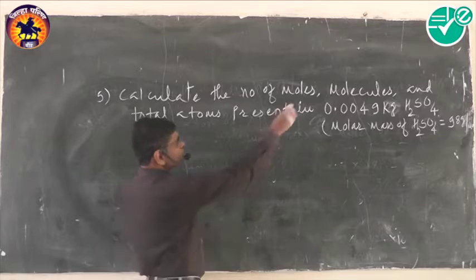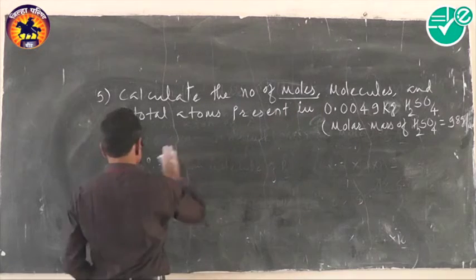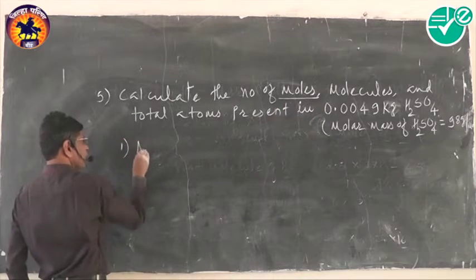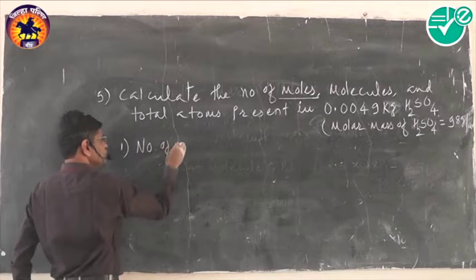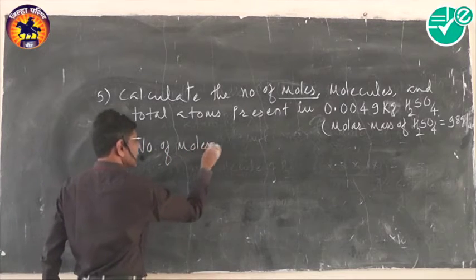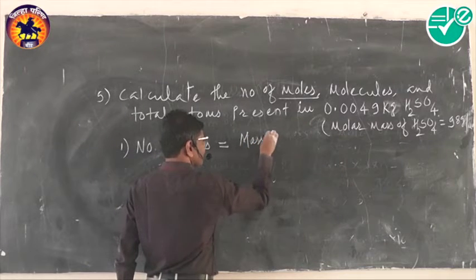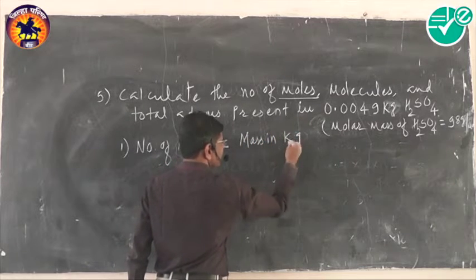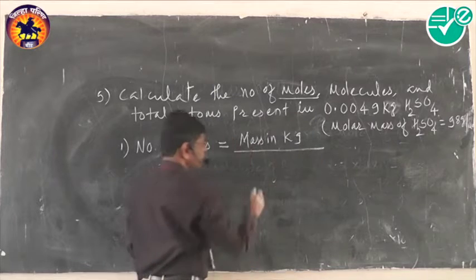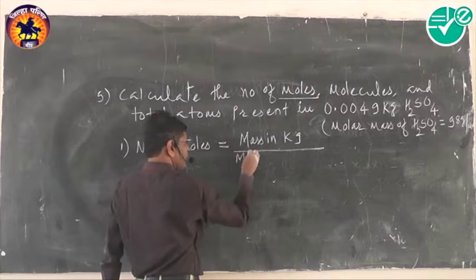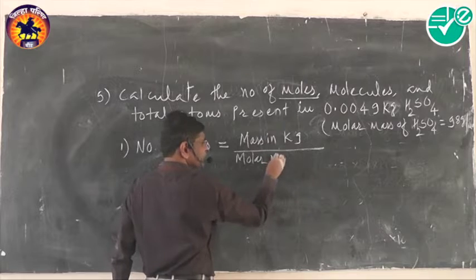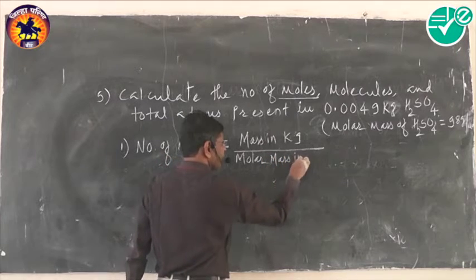Now first we have to calculate the number of moles. What is the formula? Number of moles is equal to mass in kilogram upon molar mass of that substance in kilogram.